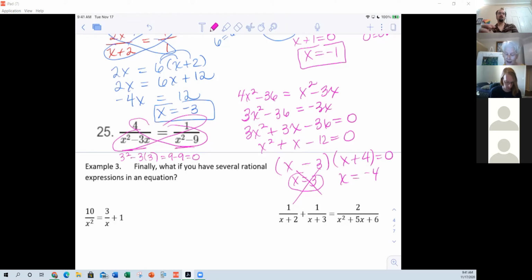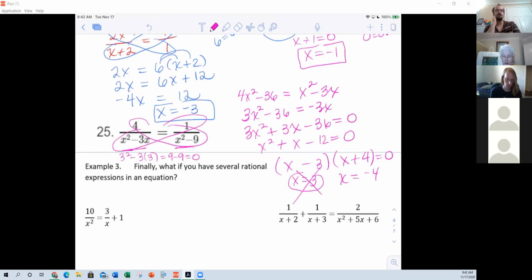So if you plug that in to either one of these denominators, it's going to give you a 0, and you cannot have a 0 denominator. It's not defined. So that's why you have to throw out 3. And that's why it's really important that you check your answers. And then -4 would be okay.